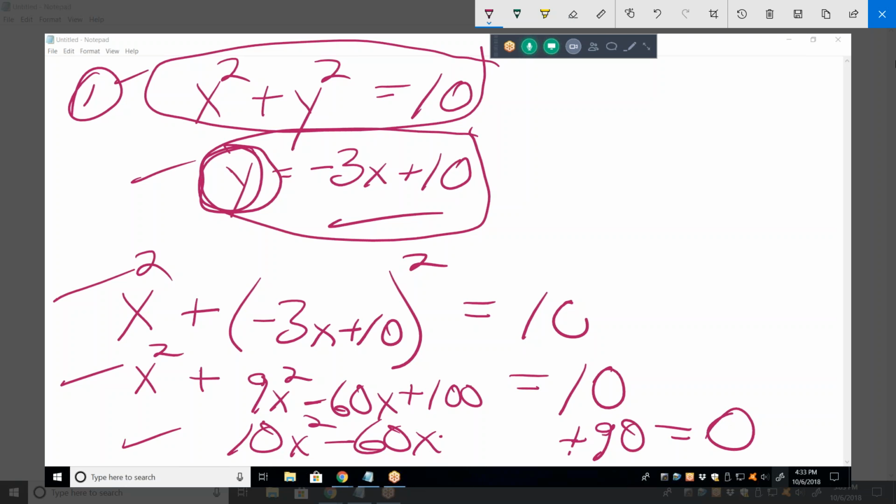Let's start out by dividing everything by 10. That'll make things a lot easier. So I got x squared minus 6x plus 9 equals 0. Notice that factors rather nicely. Tell me how that factors.